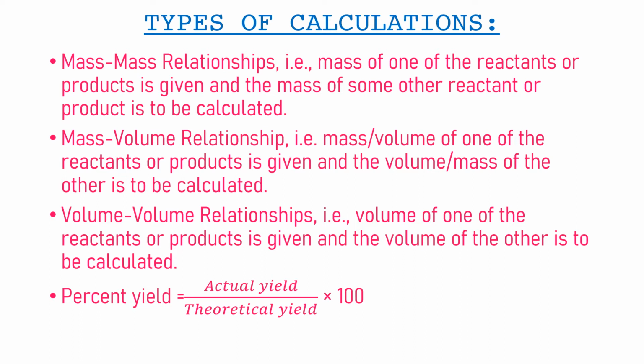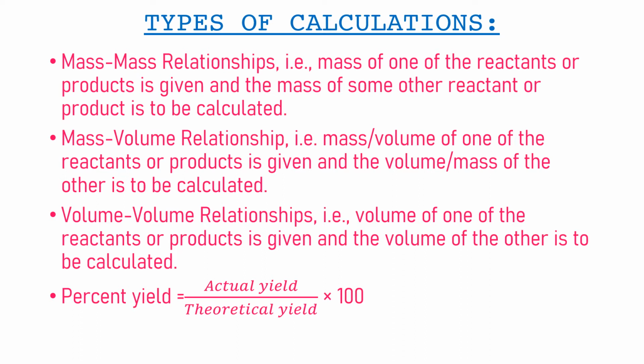Third one is volume-volume relationship, that is, the volume of one of the reactants or products is given and the volume of the other is to be calculated. So here we have three types of calculations.